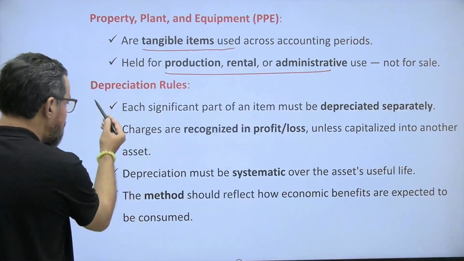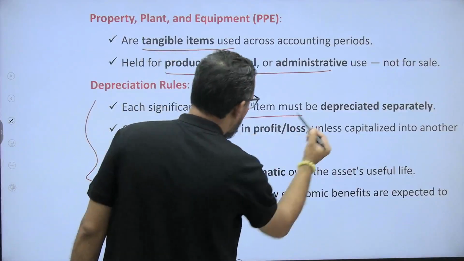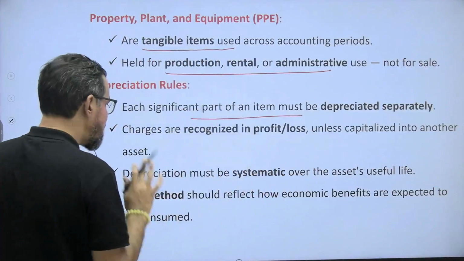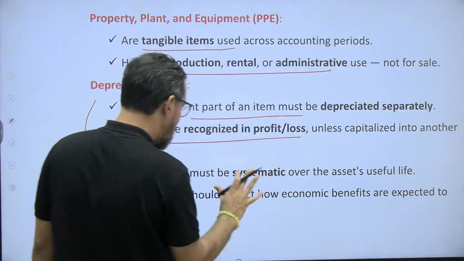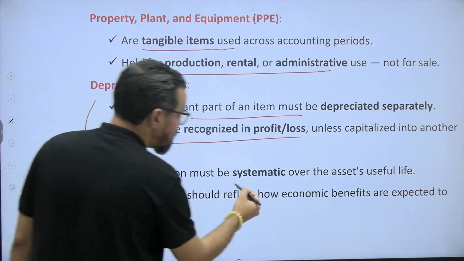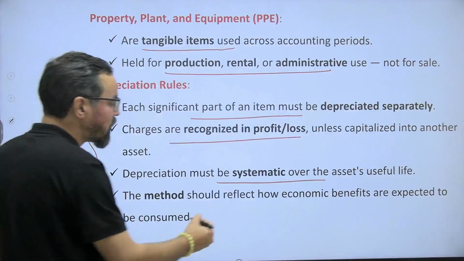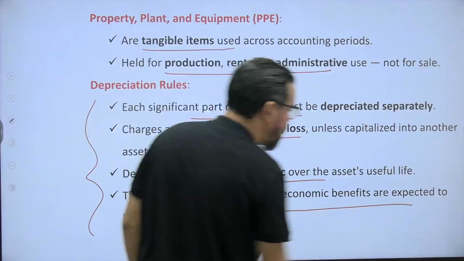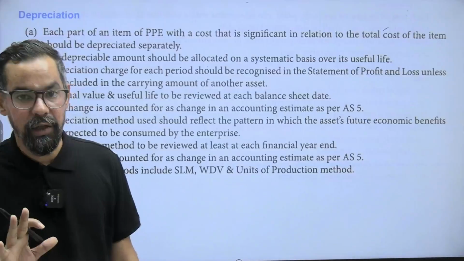So the depreciation rule: each significant part of an item must be depreciated separately. Charges are recognized in the profit and loss account and treated as operating expense. Depreciation must be systematic over the useful life. The method should reflect how economic benefits are expected to be consumed in each and every single year, right?